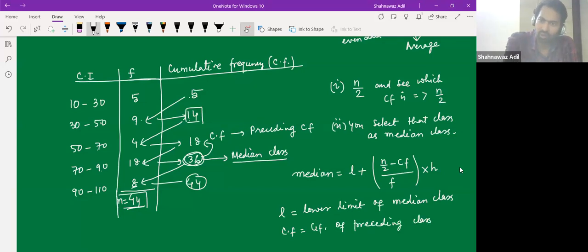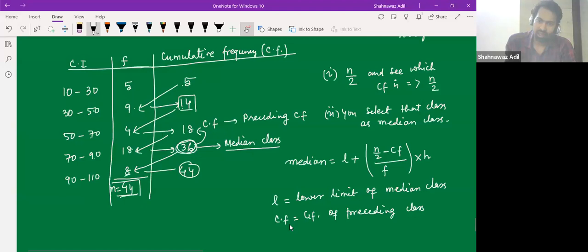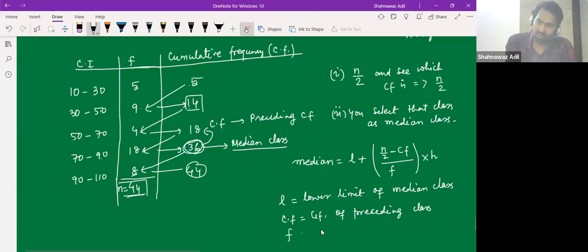H you already know, the class size, and F is the frequency of the median class. Any doubt in this, guys? So this is how you calculate median.